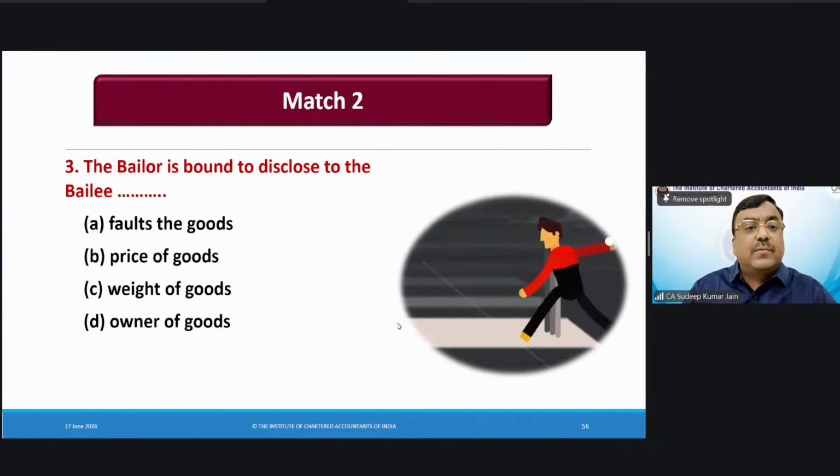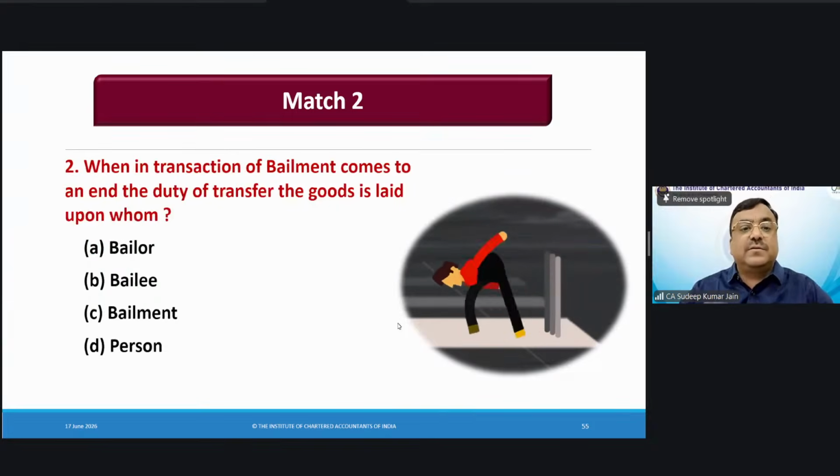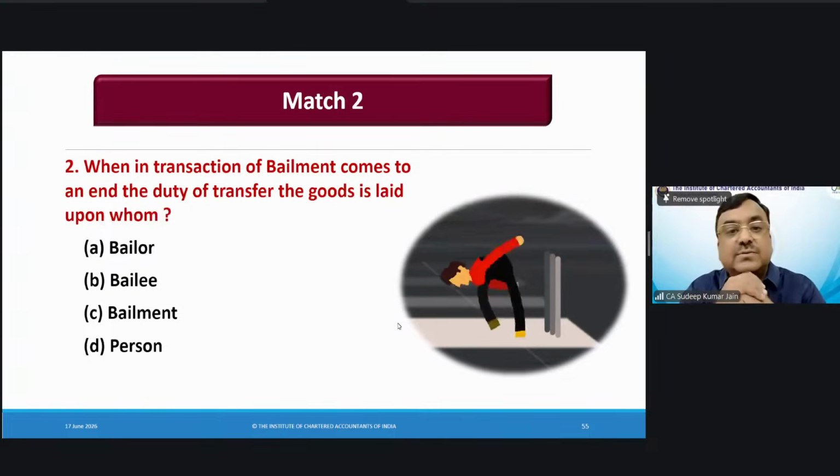Second question, when in transaction of bailment comes to an end, the duty of transfer the goods is laid upon whom? Bailer, bailee, bailment person.